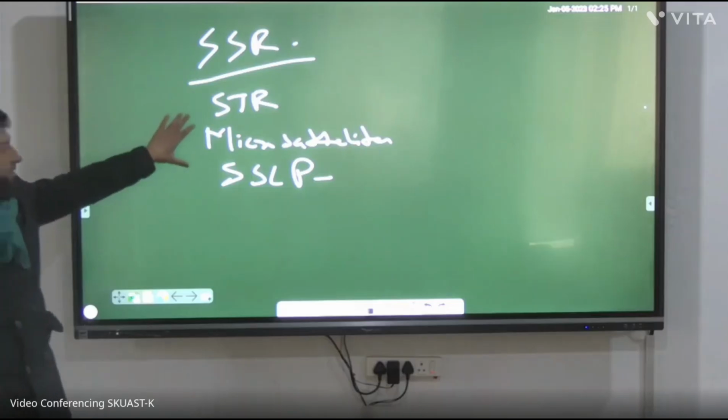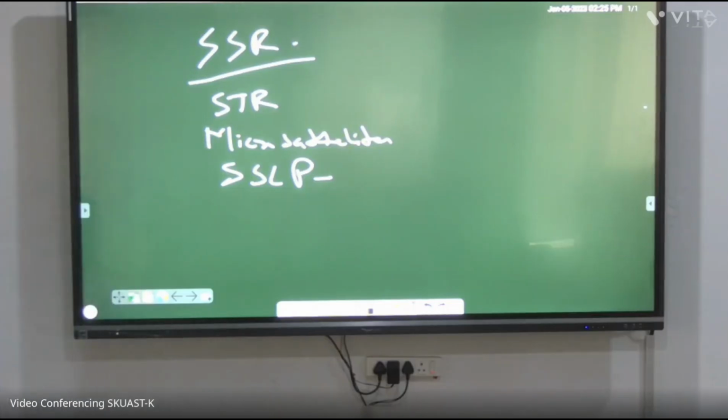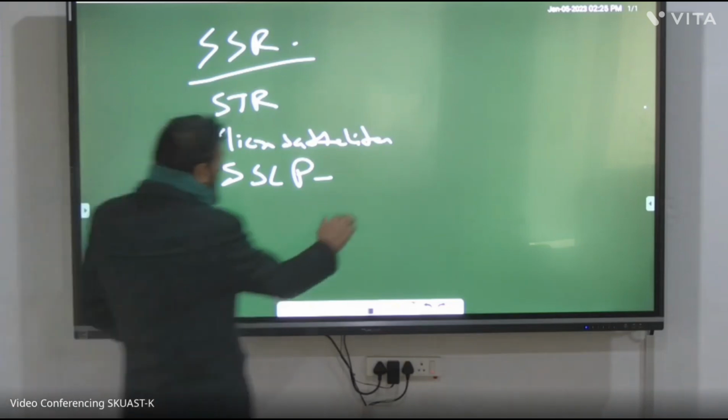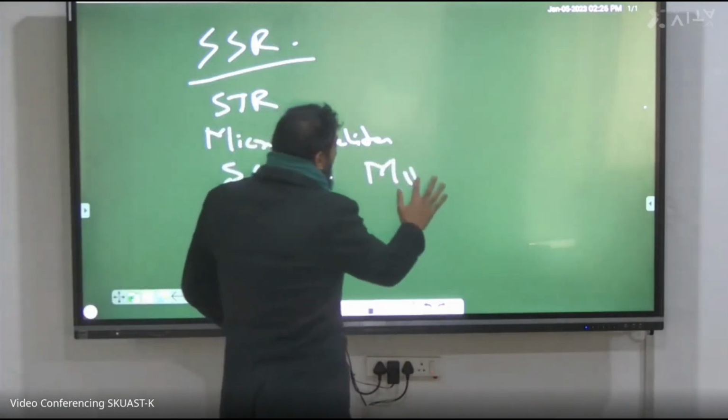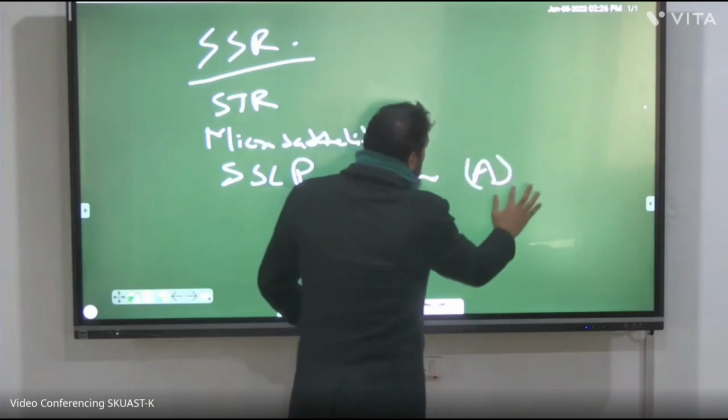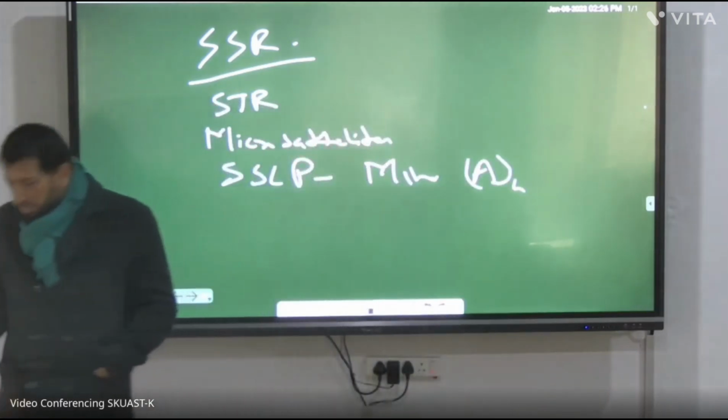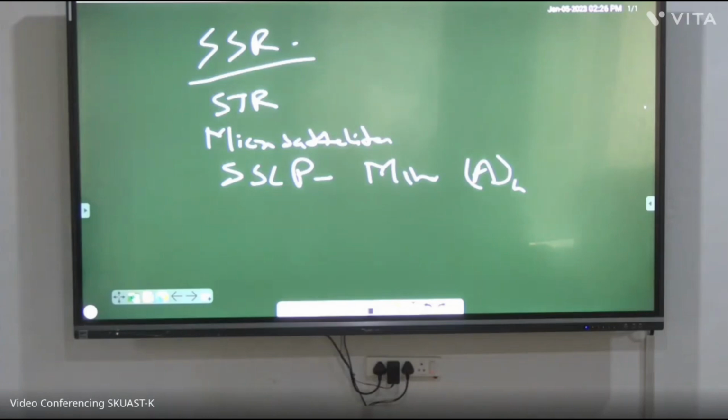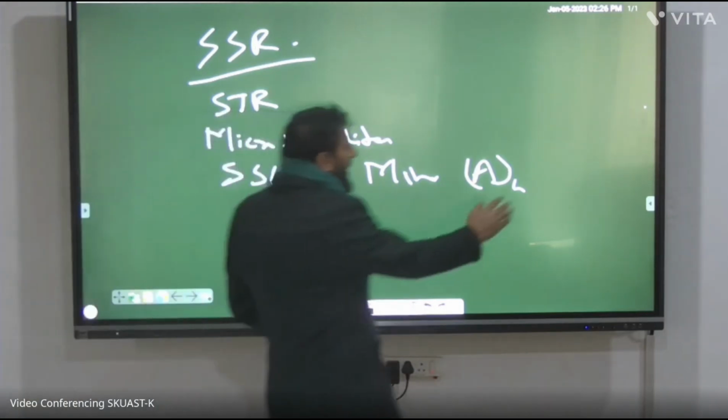SSRs can be of three types: STRs, microsatellites, as well as SSLPs. STRs are short tandem repeats, microsatellites, and SSLPs are your simple sequence length polymorphism. So the repeats here are, say for example, mono repeats. Mono repeats means A 10 बार, 20 बार, 30 बार, 40 बार, जितनी बार भी हो, ठीक है, but should be greater than 12, greater or equal to 12.